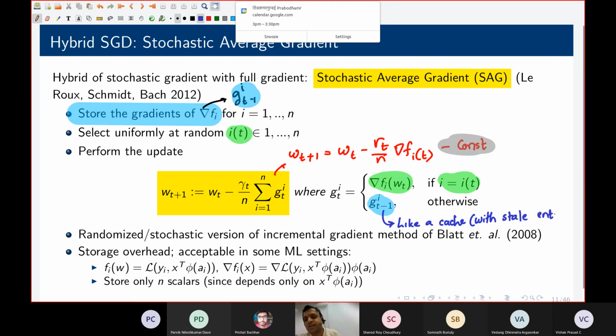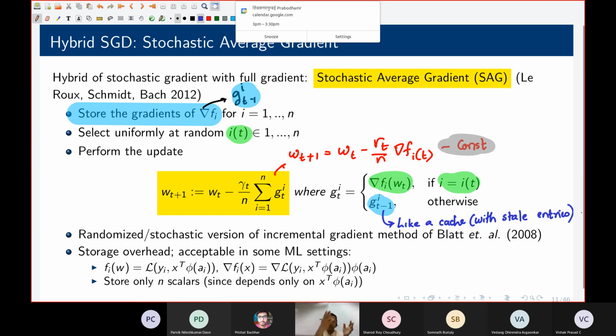For a large data set, very few times. That's a good point. So there are some engineering tricks that get employed.